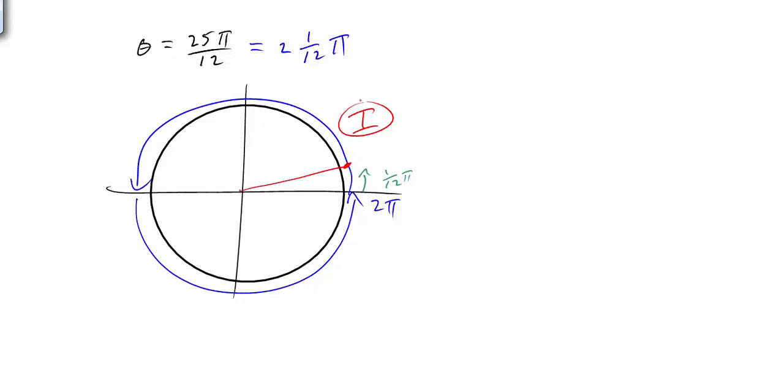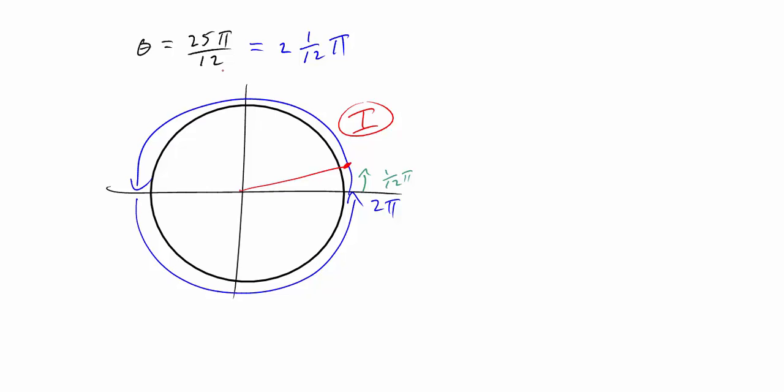Okay, so hopefully you can get the hang of this so that you can locate where an angle is. If you say 25 pi over 12, at first glance I don't expect you to memorize where that location is; you can certainly just divide.